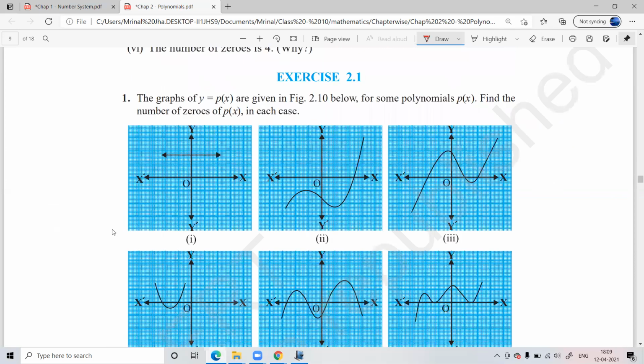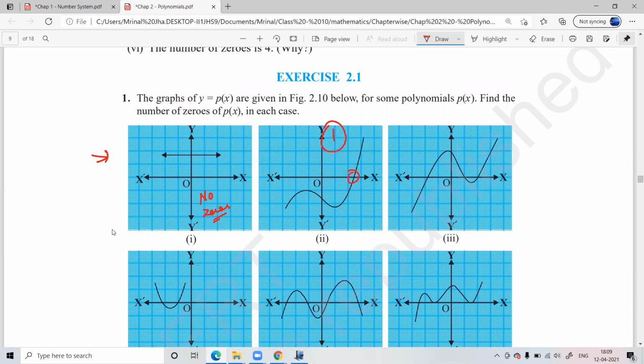Okay, the exercise questions, very, very fast. Again, this is a polynomial, y is equal to p of x, and what we have to do is find the number of zeros in each case. So the first one, how many zeros? No zero, sir. Yes, it never passes through, so it has no zeros. Next one? 1. 1 zero. Very good.